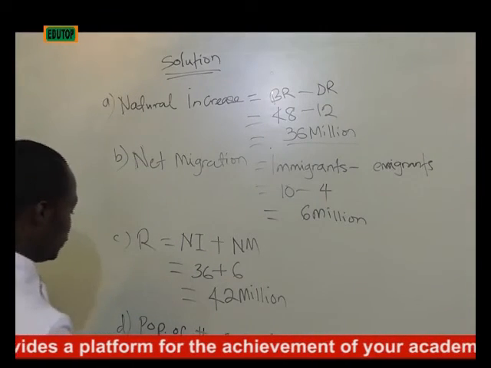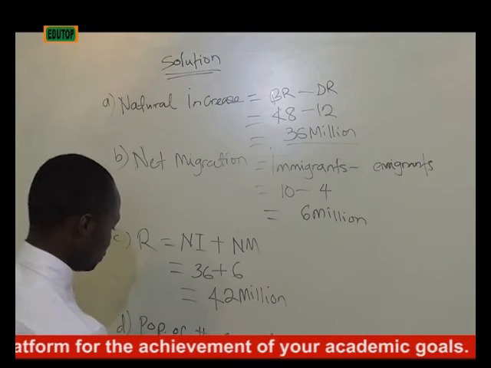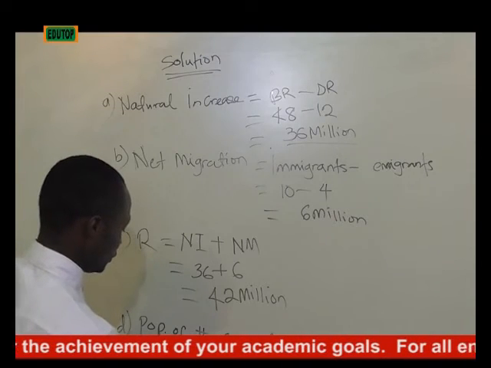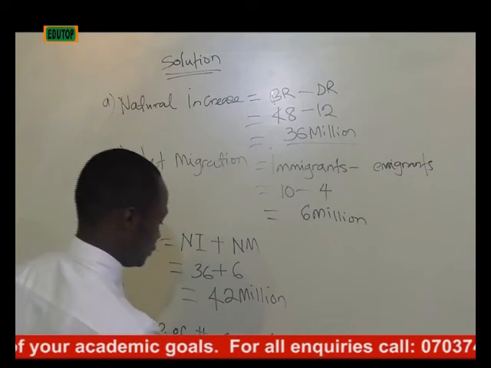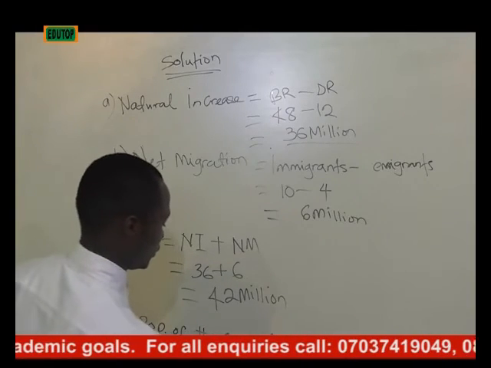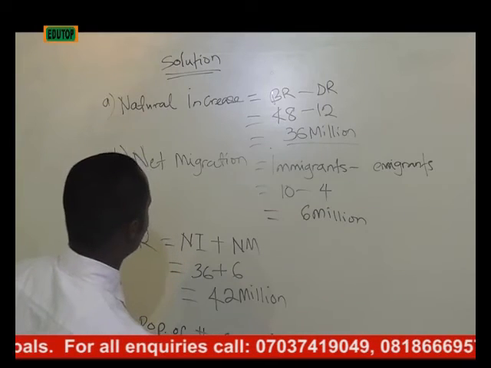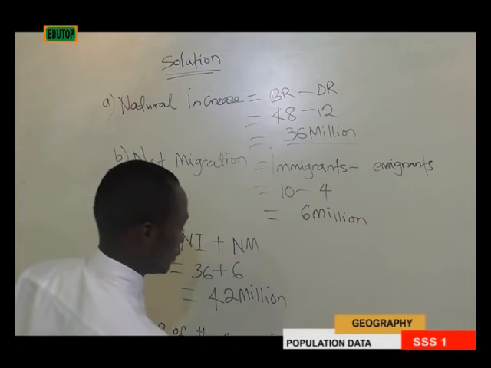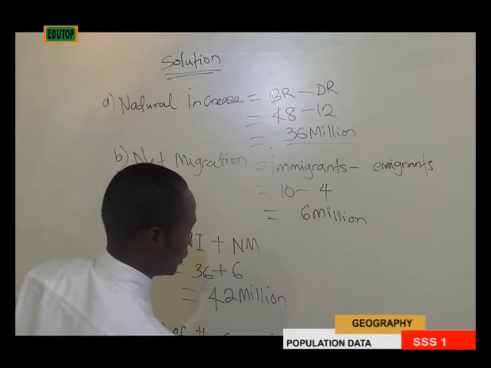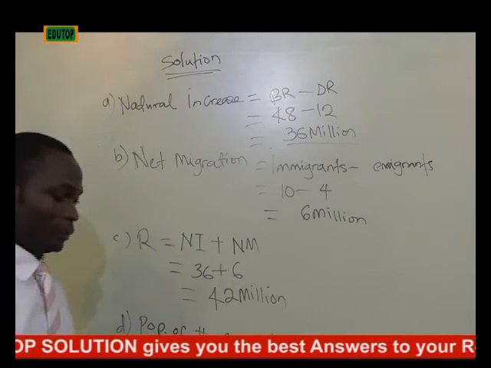That will be equal to population in 1980 plus natural increase plus net migration.